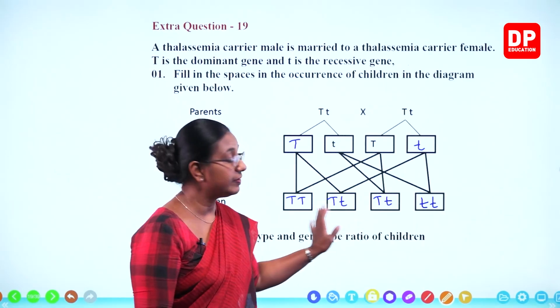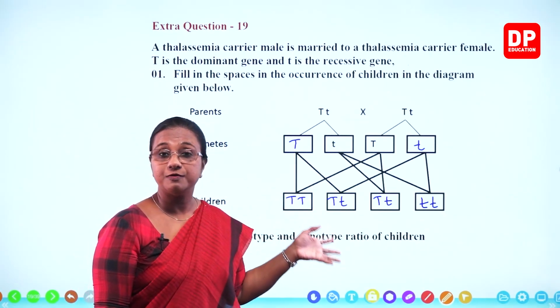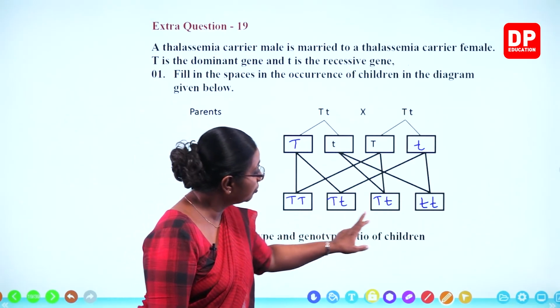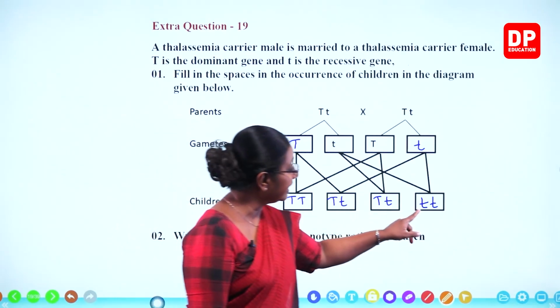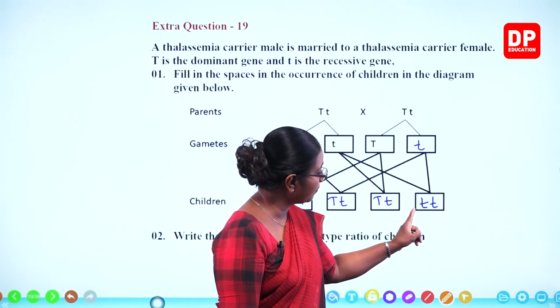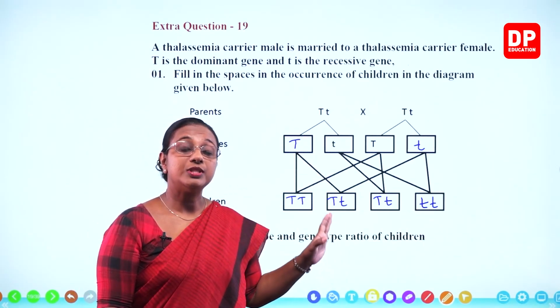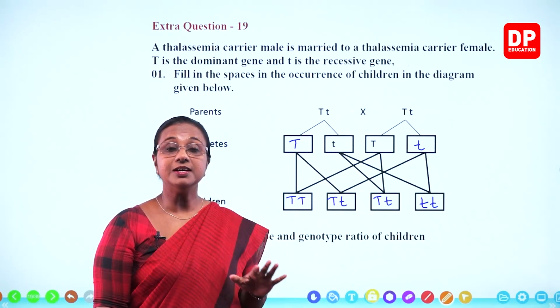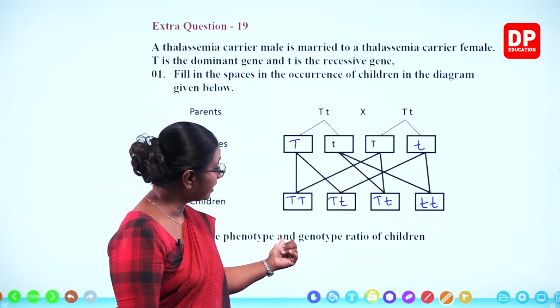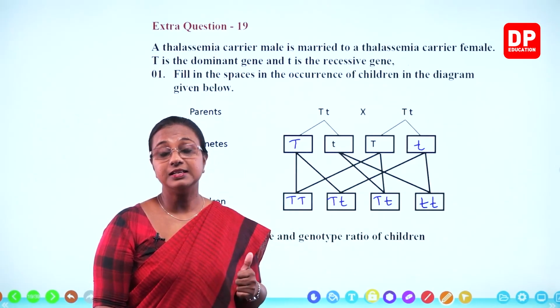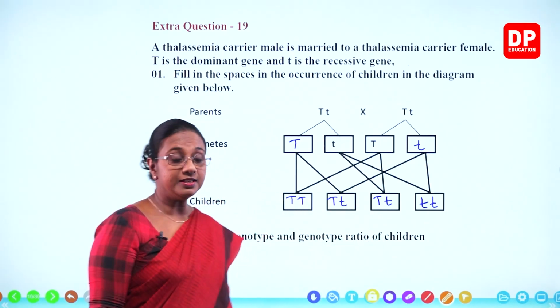Now here of course we don't know whether the children are male or female, but you will have a healthy child, 2 carrier children, and here there is one combination where you have the simple T combination. So that means that child will have the disease. So healthy child, 2 carrier children, and 1 child who has the disease. That's how you get the children.